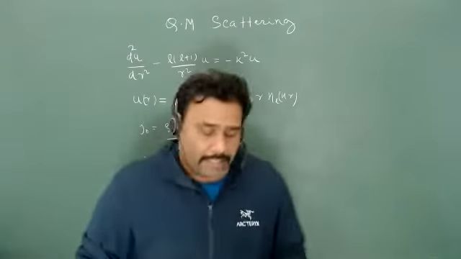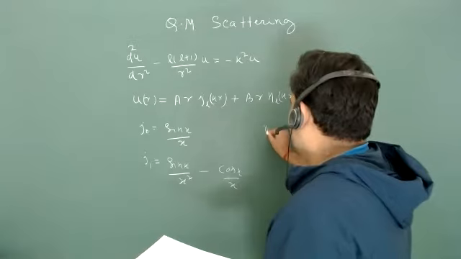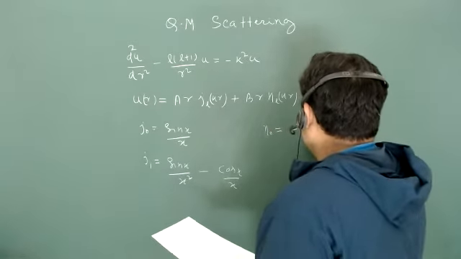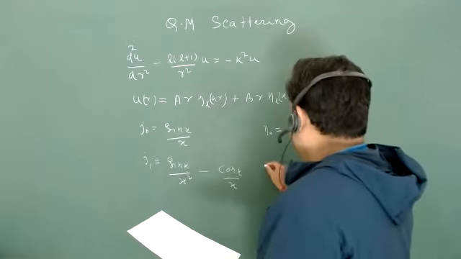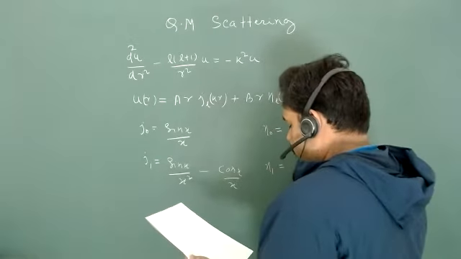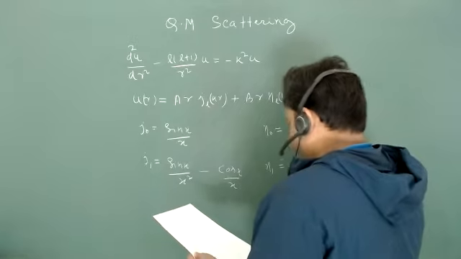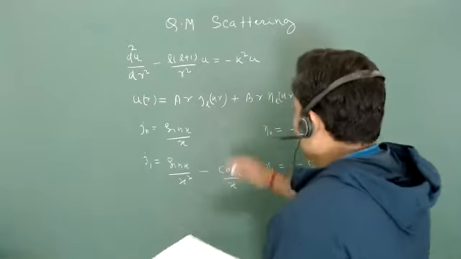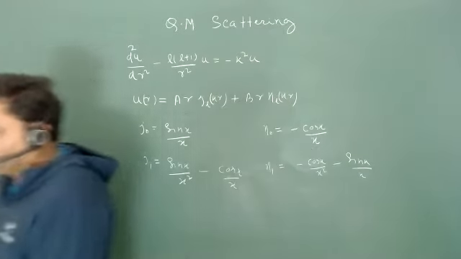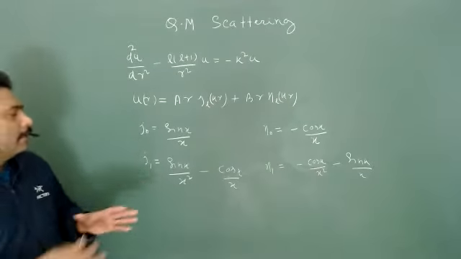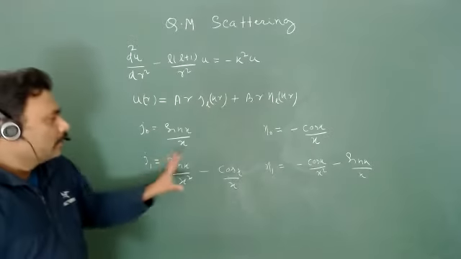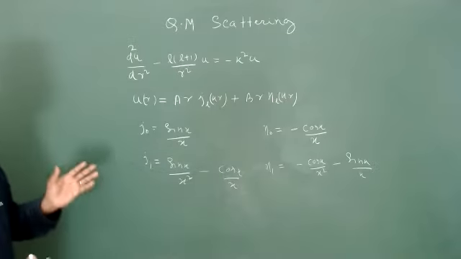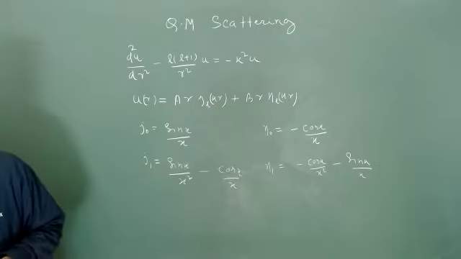Similarly, we have n_l also. N0 is minus cos x by x, and n1 is minus cos x by x square minus sin x by x. So these are the functions. Similarly j2, j3 are all very complicated functions, but yes, they are functions of sine and cos, and also some algebraic functions. These are the spherical Bessel functions.